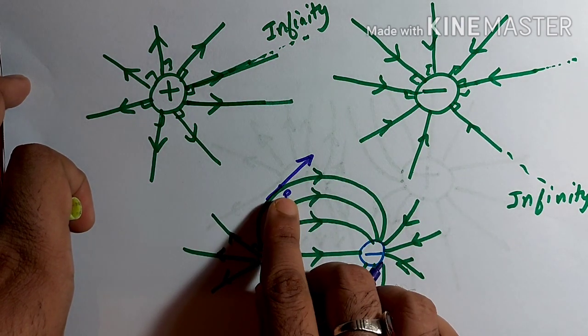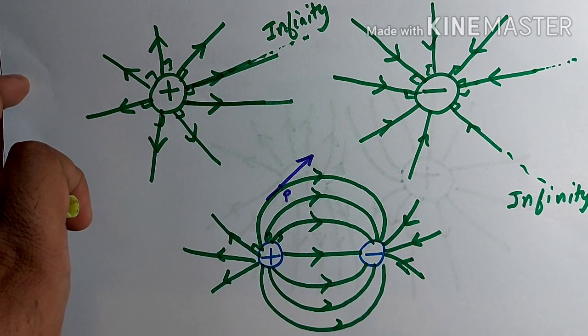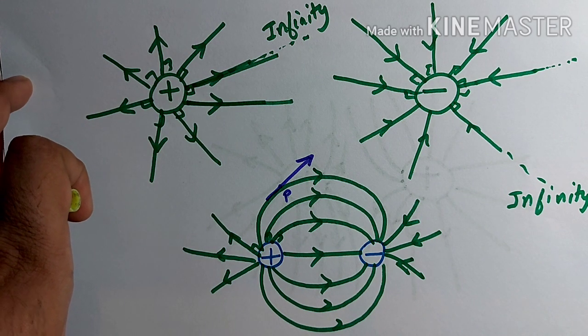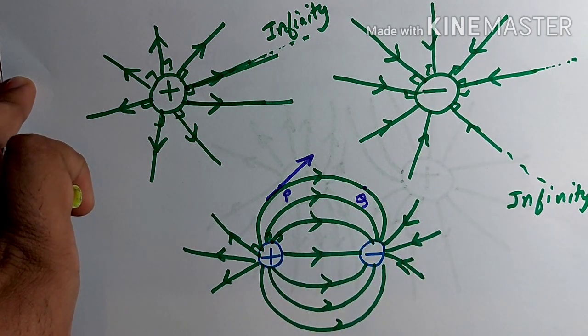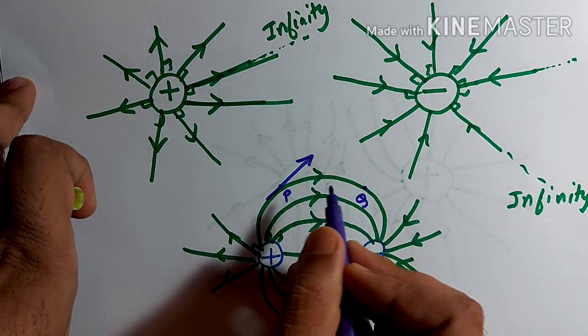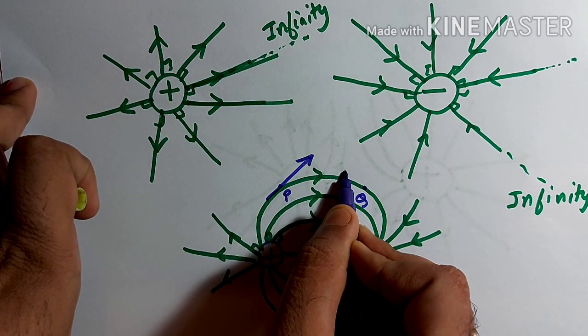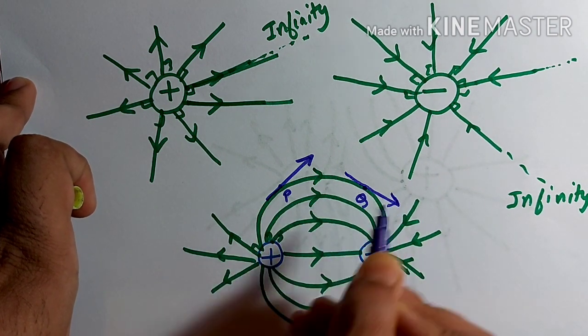That is, the tangent drawn at this point gives the direction of electric field at that point. If I consider this point Q, the direction of electric field is along this.